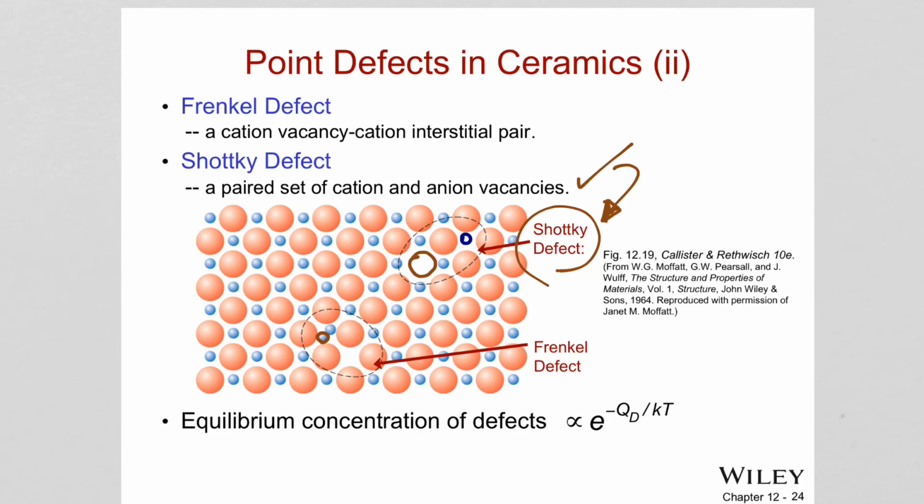Remember the equilibrium concentration of vacancies, and the same equations can be used to calculate the equilibrium concentration of defects in ceramic structures. It was related to this exponential term, which had the Boltzmann constant, temperature, and then the activation energy.